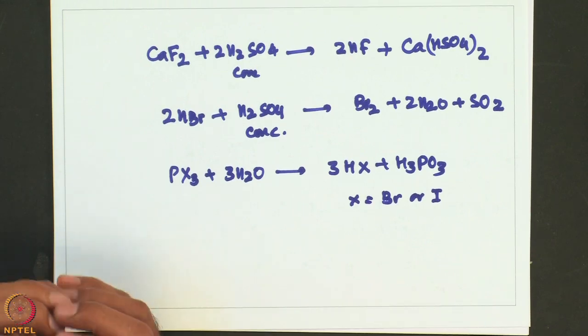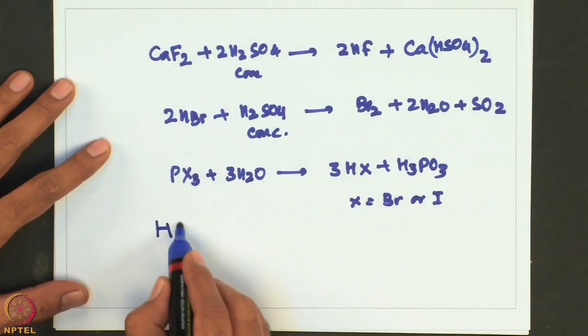The stability of these hydrogen halides decreases down the group owing to the increasing mismatch in atomic sizes. For example, if you consider HF, we have 1s hydrogen and 2p fluorine, when we go further it becomes 3p, 4p and 5p, and steadily the size of these orbitals increases.